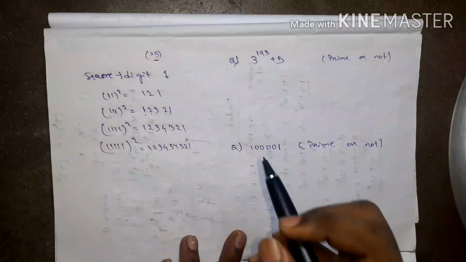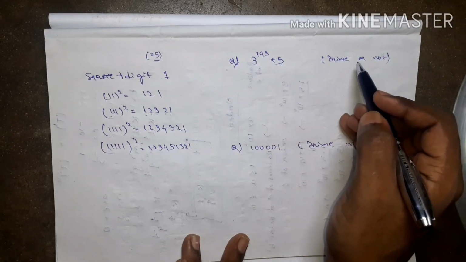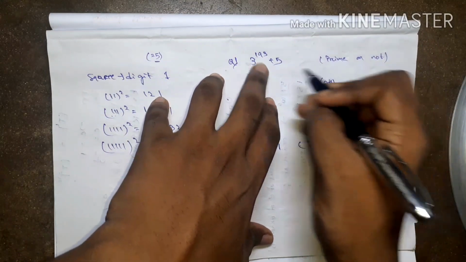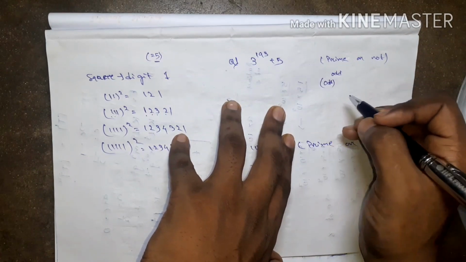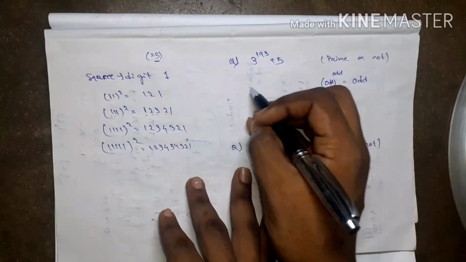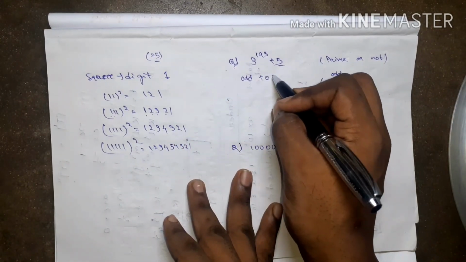Then it is your first question. Is 3 to the power 193 plus 1 a prime number or not? 3 is an odd number. 193 is also an odd number. An odd power of an odd number is always odd. So it is odd. 5 is also odd.